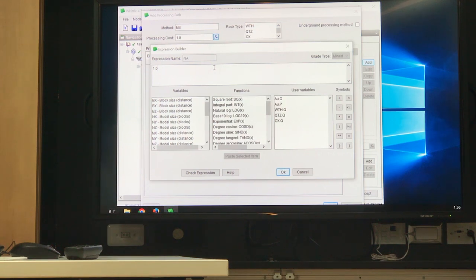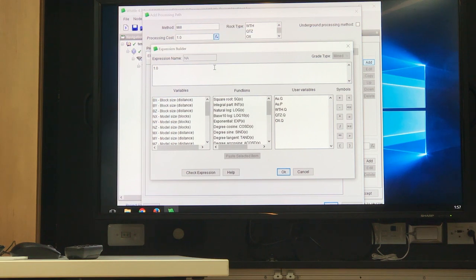Have you seen metallurgical tests? You passed the mineral processing course? Okay, I'm happy that you did. So you have seen the recovery and what we call grade, the grade recovery graph.